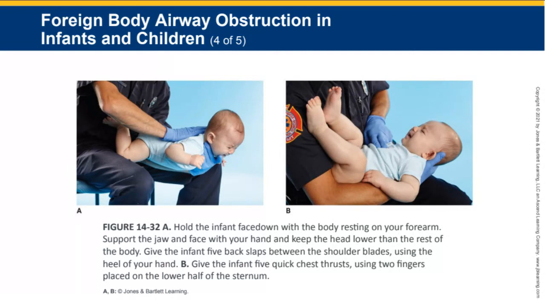Give the infant 5 back slaps between the shoulder blades using the heel of your hand. Give the infant 5 quick chest thrusts. So it's 5 back slaps between the shoulder blades and then 5 chest thrusts, until the object is dislodged or the patient loses consciousness.